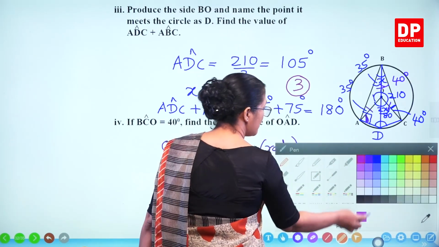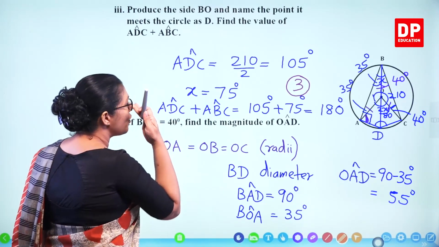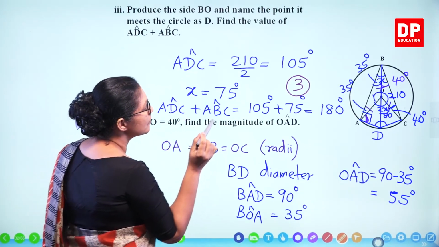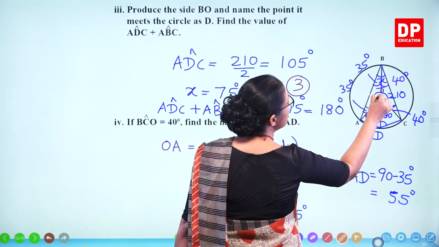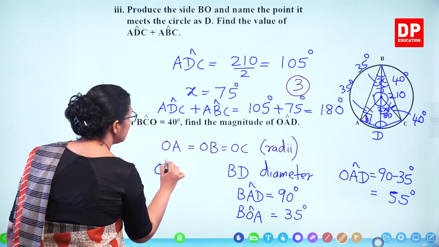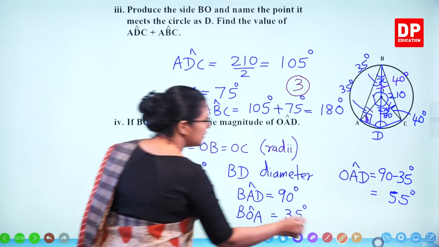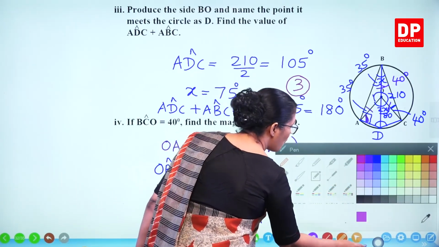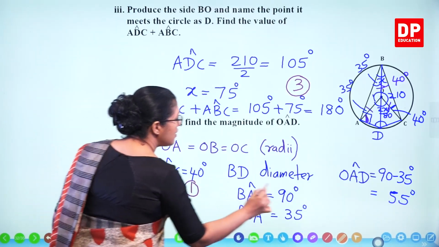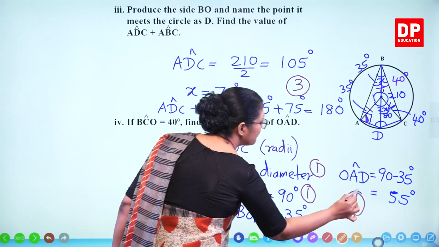So we'll write down that 40 degrees. We forgot to write down about 40. We'll write this one. OBC angle is 40 because of isosceles triangle. So each step 1 mark. 1, 2, 3, 4.